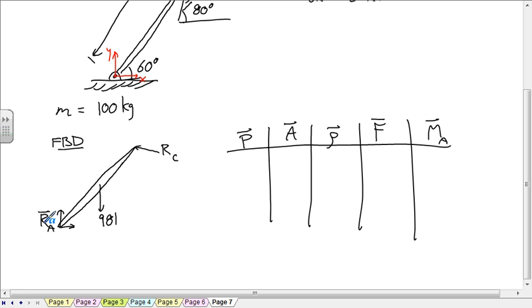So the force RA is acting at the origin, so P is 0. Now the about point. There's no right or wrong answer for where to put the about point, but you can simplify the math a little bit if you put it at a location where you have the most unknown forces. In this case, since we have 2 unknown components at the origin, let's put the about point at the origin.